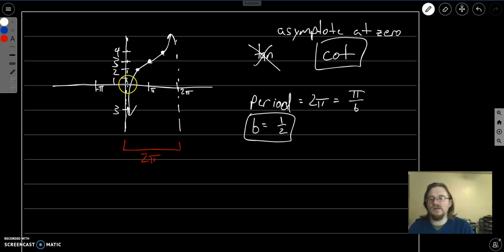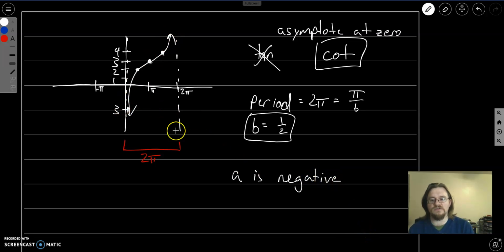And normally, a cotangent is going to be decreasing. So what we've done is, instead of being decreasing, we are increasing. So the difference between increasing and decreasing is going to be a negative factor. So we know that a is negative.